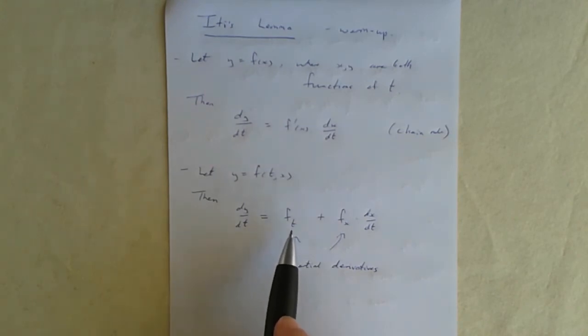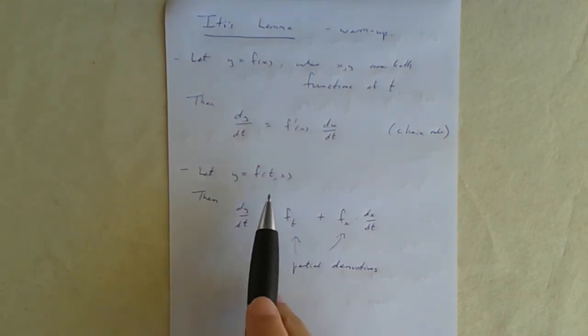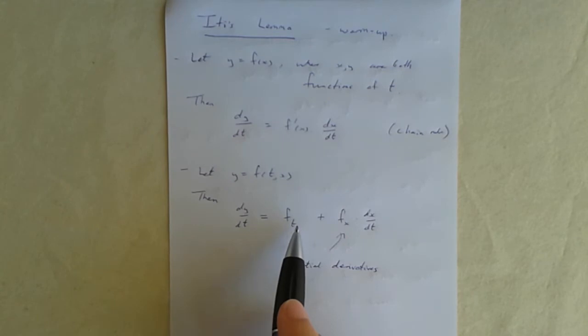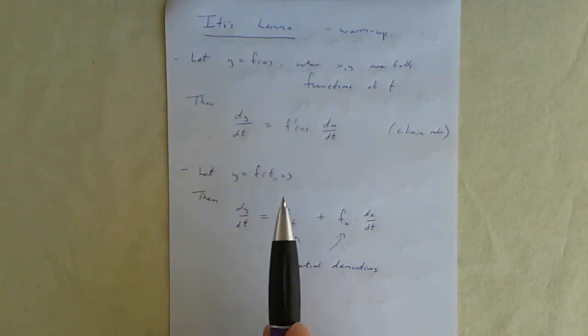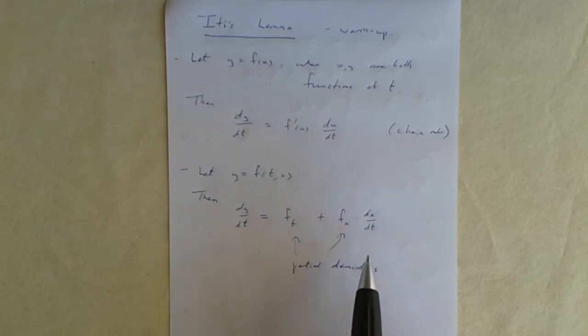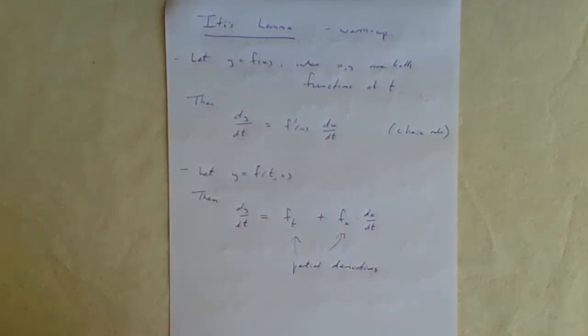And t itself, you can consider t a function of itself if you like, with a derivative of 1, so there's a times 1 here. But x is a function of t, and now we put dx/dt in here. So that's a kind of chain rule where the intermediate is not just a single variable, but two variables. It's t and x.